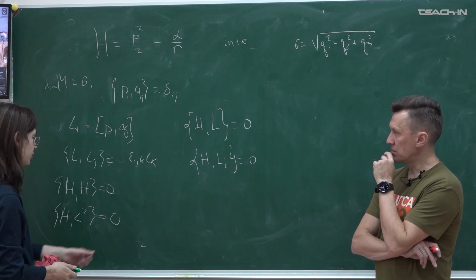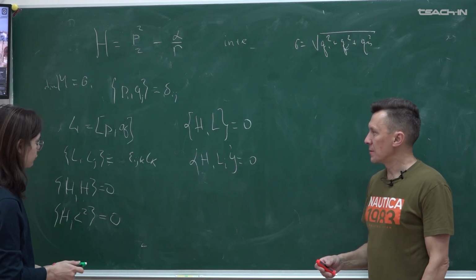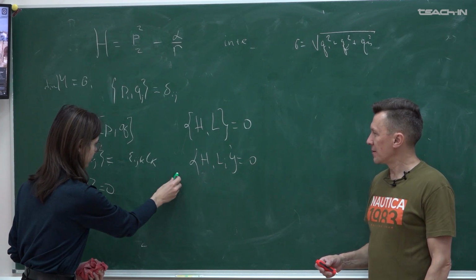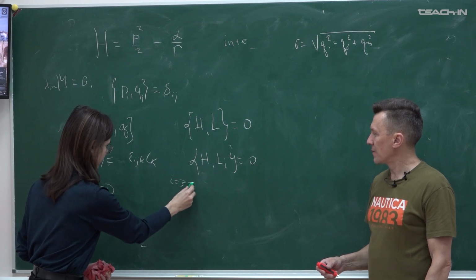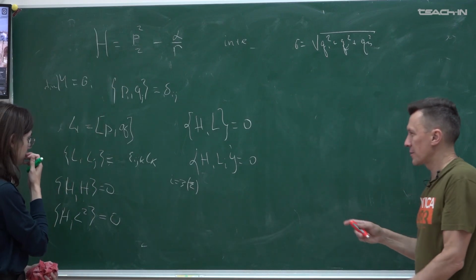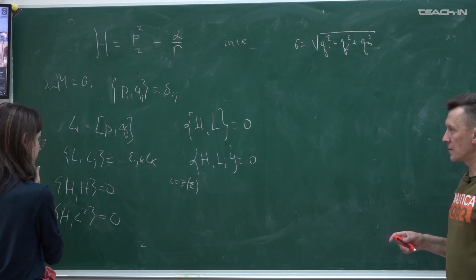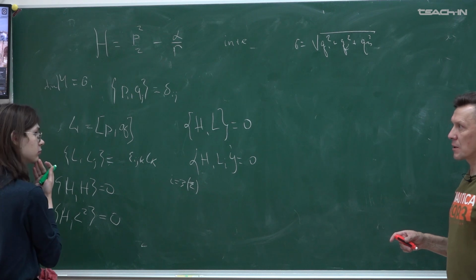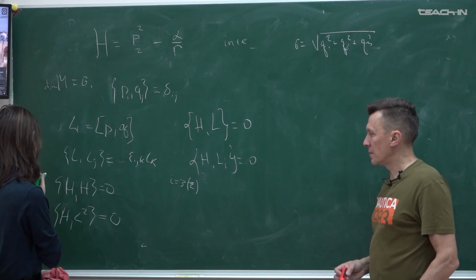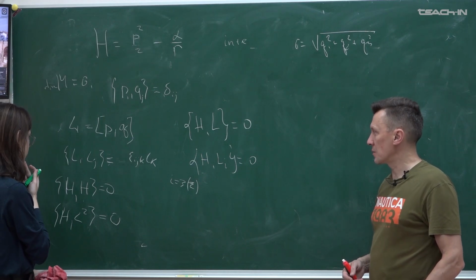Can't I use this integral? No. For which i? Let's choose i equal to 3. Yes, as you like. So we have three integrals. Why are they in involution? Involution means that all Poisson brackets between integrals vanish.